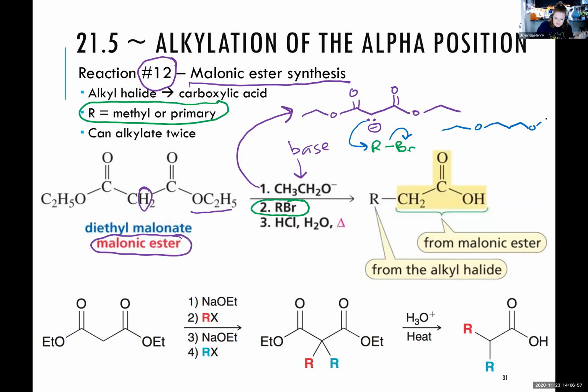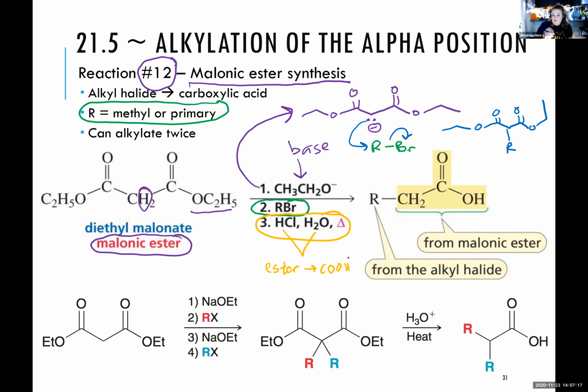I'm going to run out of space. I'm going to go up weird there, with an R group attached to it. So then in our last step, we're going to react it with acid, water, and heat. The acid and the water are going to turn our ester into a carboxylic acid.